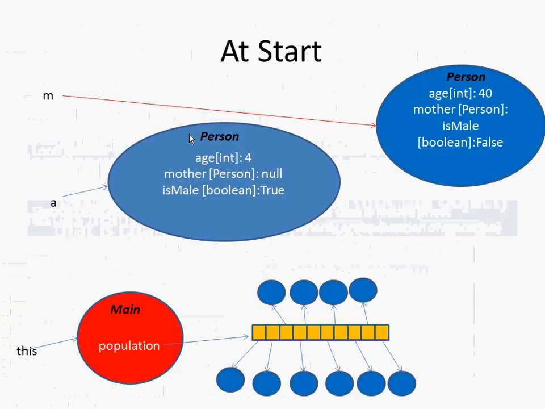A referred to this person originally, and population referred to an array, a set of information on successive people who live in the population. That's the population in Main. We've been using that a lot, right? Population within Main, we've removed people from it, we've added people to it.